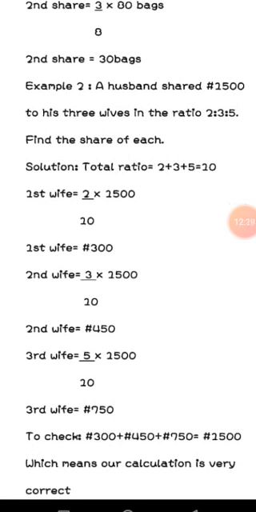That is the total ratio. First wife. The first wife, which has ratio 2, will be 2 over 10 times 1,500.